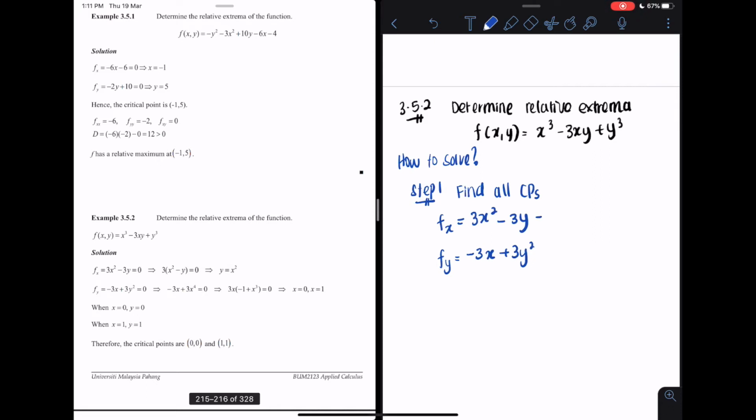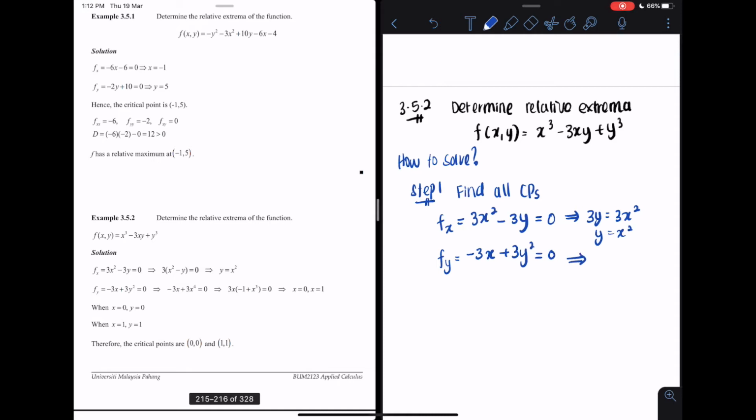Then I have to equate both first order partial derivatives equal to 0. So in this case, I will get 3y equal to 3x squared, y equal to x squared.